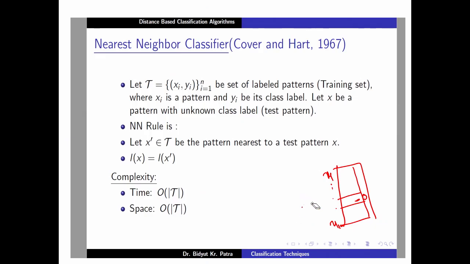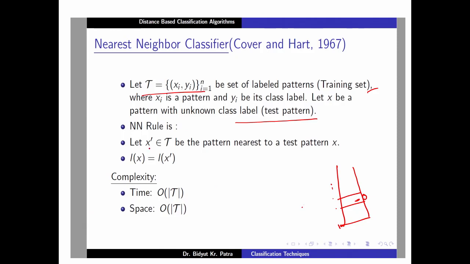So, now in a more formal way. T is the training data set. It is the set of labeled patterns, where x i is a pattern and y i is its class level. Each object should have a class level, and let x be the pattern with unknown class level. You have the pattern x, and you need to identify its class level. What does the rule say?